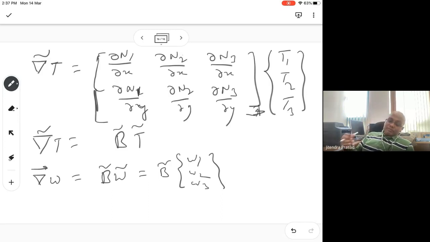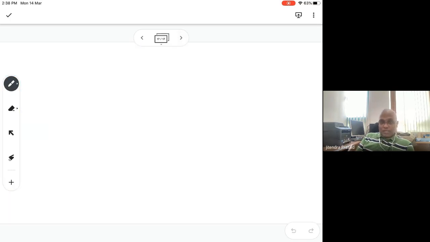Okay. Given these values, let's now put them in the original equation. You remember we wrote it like this. I will repeat the weak formulation again and again so that we don't forget.